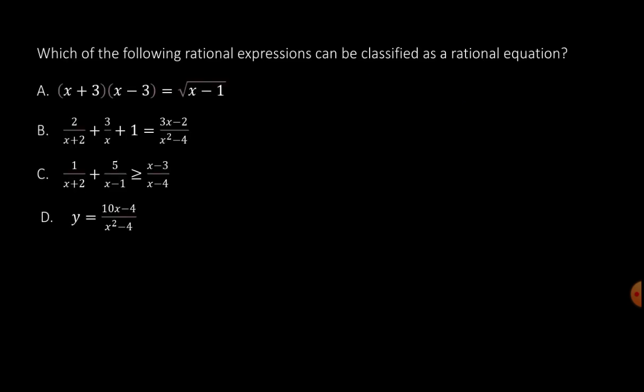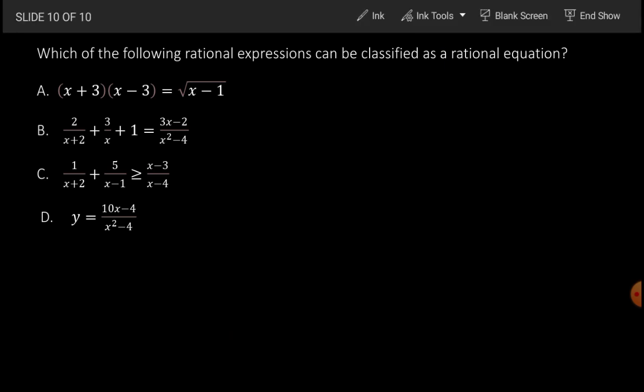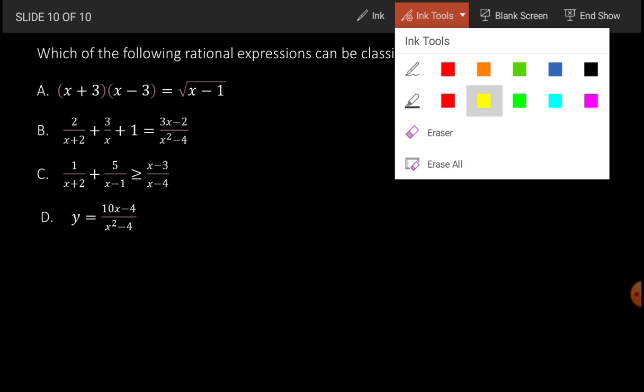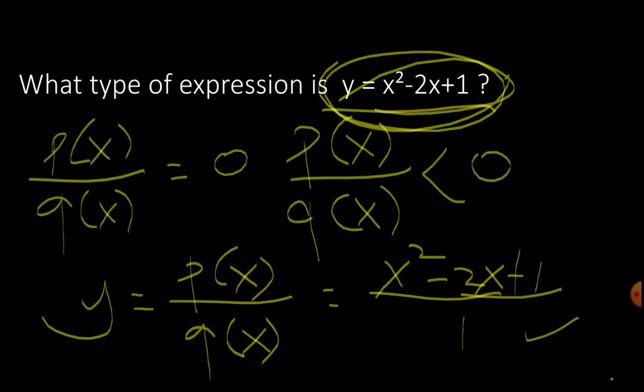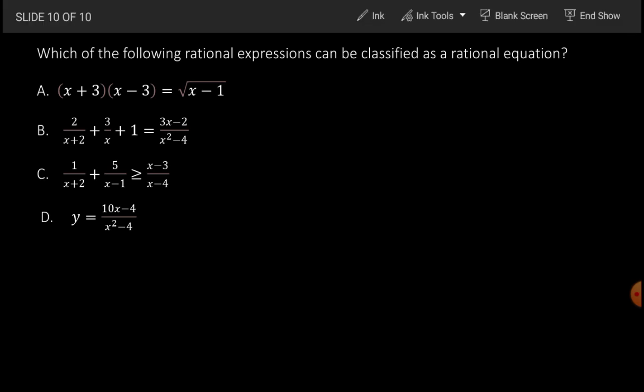For our next example, which of the following rational expressions can be classified as a rational equation? As I've mentioned earlier, rational equations have equal signs as the symbol, and the involved parts are in terms of fractions.